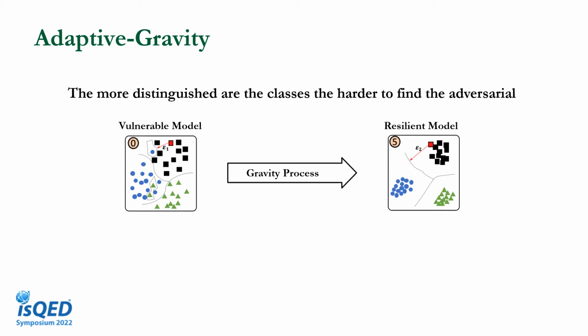So in the resilient model, the adversary needs to apply perturbation epsilon2, which is much larger than epsilon1, which means the added perturbation is more perceptible and accordingly more detectable. So how we get from stage 0 to stage 5 is what adaptive gravity is about.